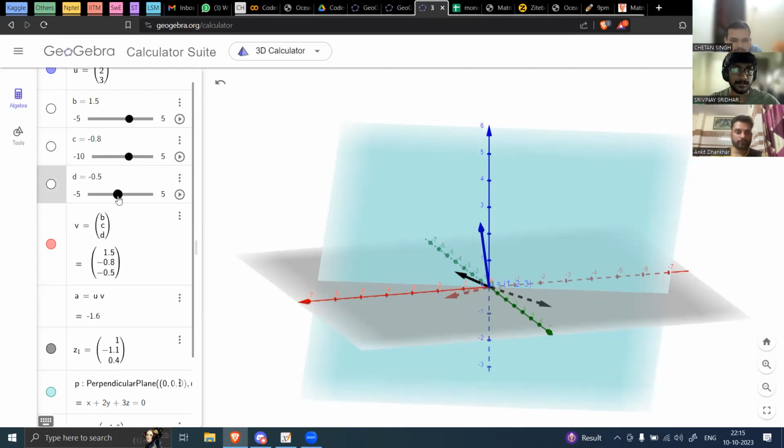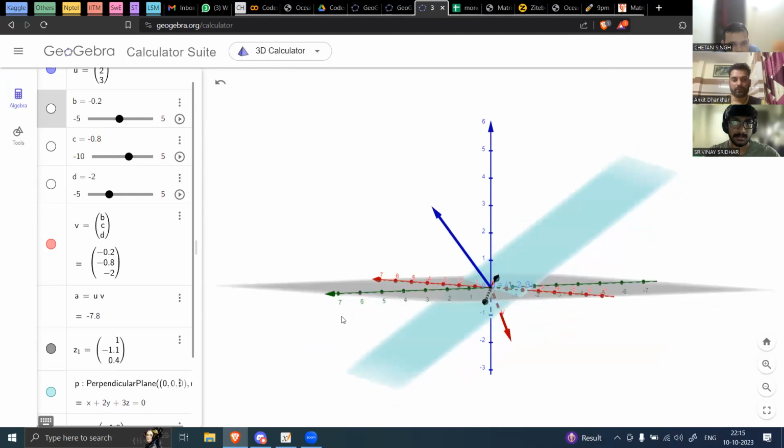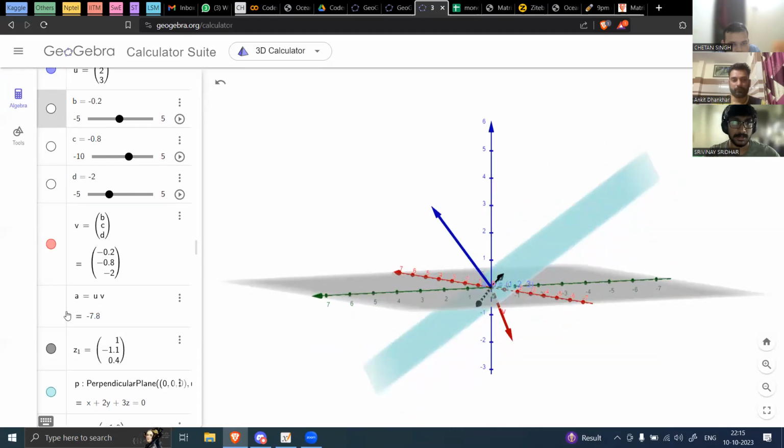Yeah, by changing the values. Just see from the sideways now. It will be easy to adjust the values. Yeah, but I don't want to do that. I'm just trying to get a slope of 0. Okay, a dot product of 0.